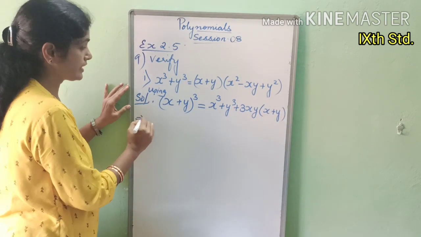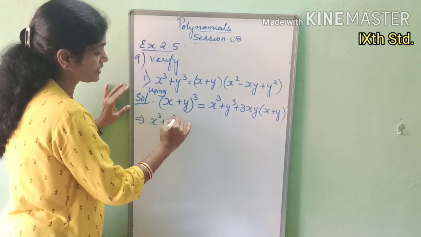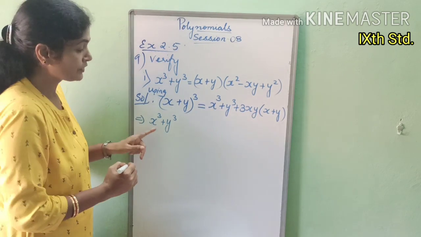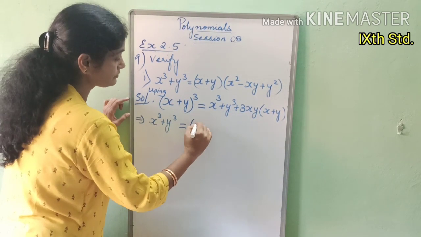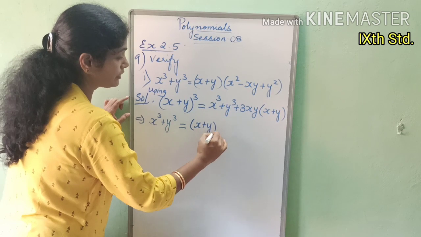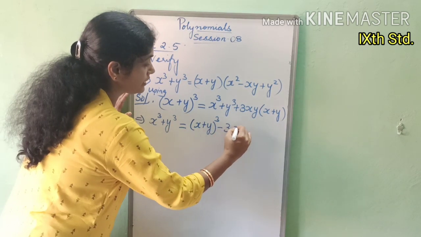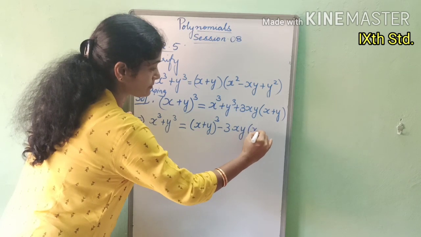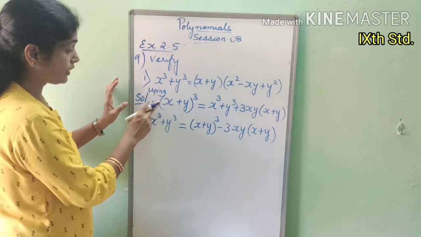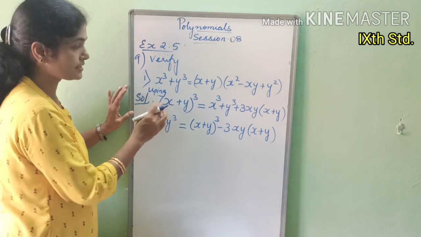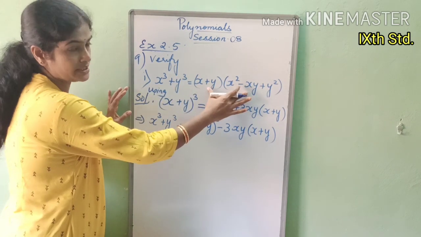So from this identity, if I want to get x cube plus y cube, what is x cube plus y cube equal to? x cube plus y cube is equal to (x plus y) whole cube minus 3xy into (x plus y). Correct? Fine. Why am I taking x cube plus y cube to this side? Because I want to show that x cube plus y cube is equal to this thing, right?